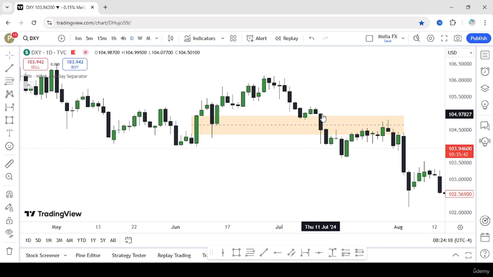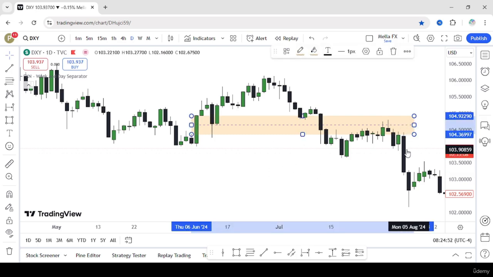When we closed below this fair value gap, the next candle we had a retest, and again here we had a retest to the middle point of this fair value gap. That is where we use the money concept of fair value gap for support and resistance in our trading. Even here we also got a touch of this fair value gap.